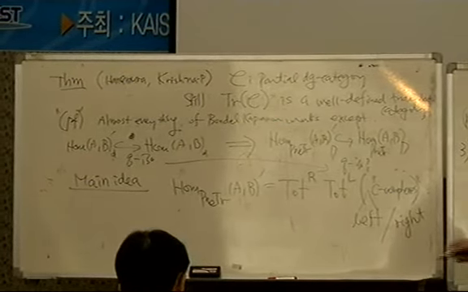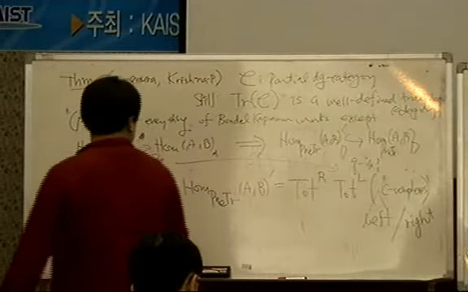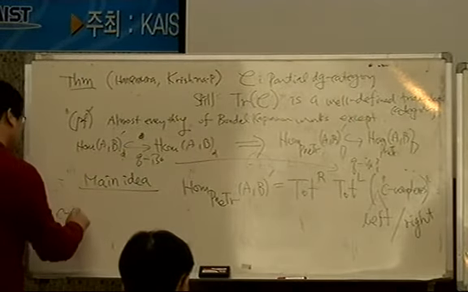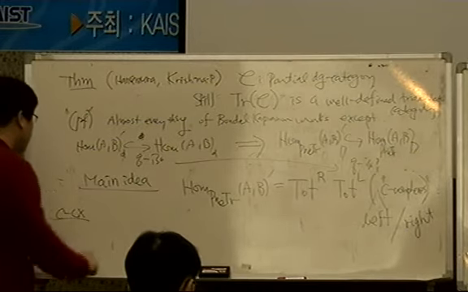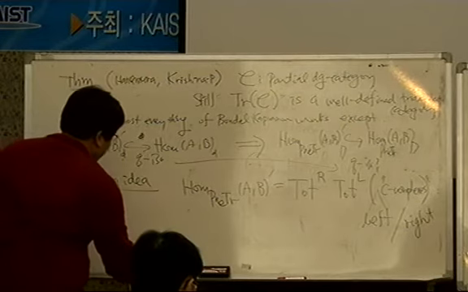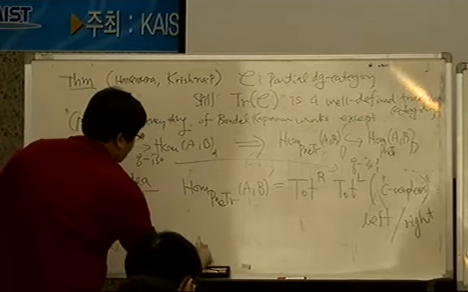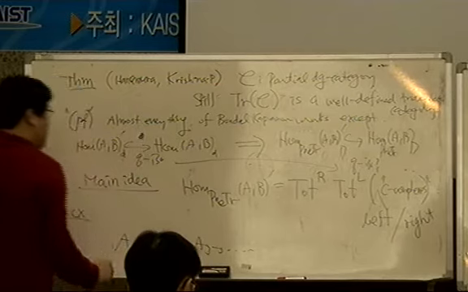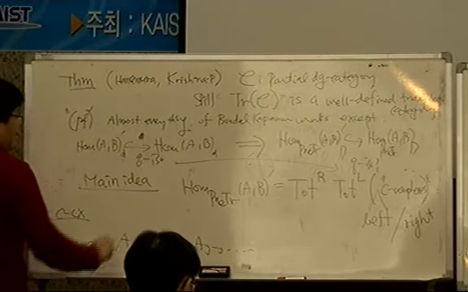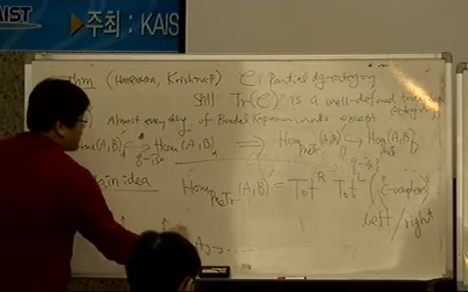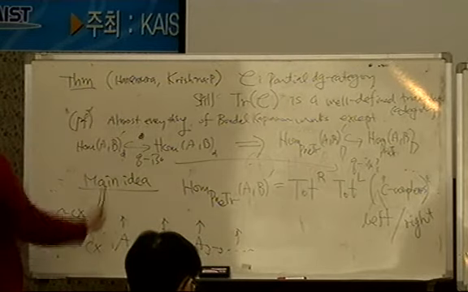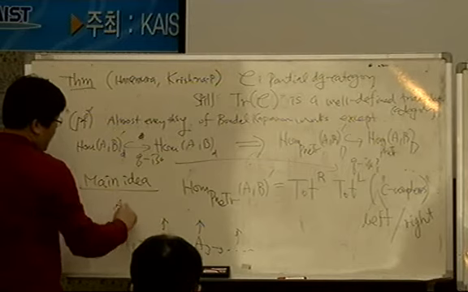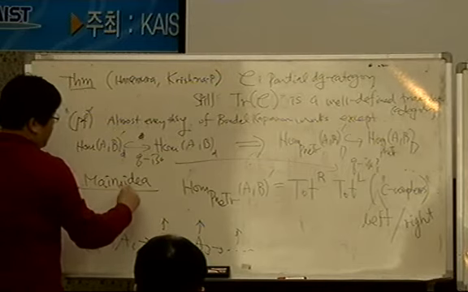So what is a C complex? A C complex is almost a double complex, but it's a double complex only in the homotopy category. So you have objects that look like this. We have A1, A2, A3, and this is a complex. Generally, if you want a double complex, you might have a complex that is going up as well, say A11, A12.